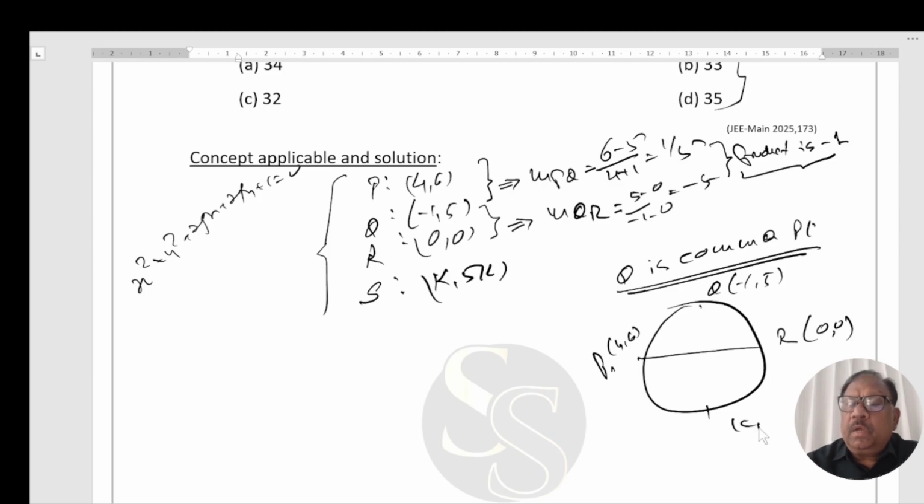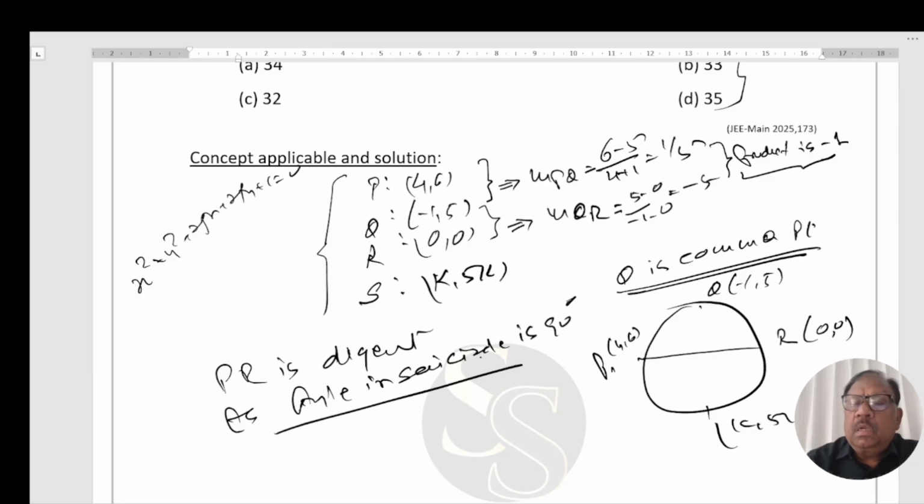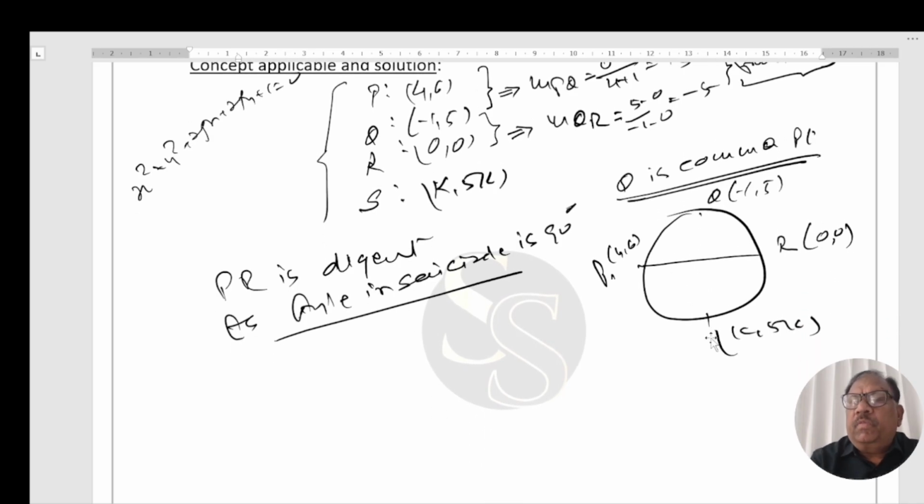Another point is (k, 5k). Right? So PR is diameter as angle in semicircle is 90 degrees. Right?